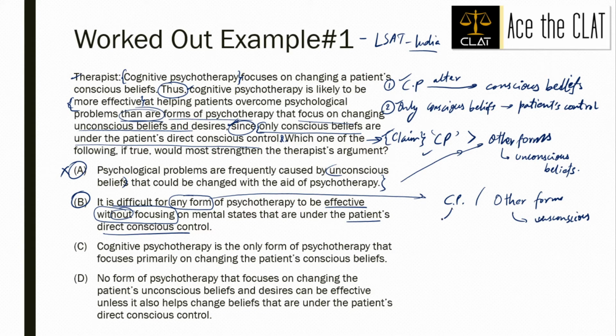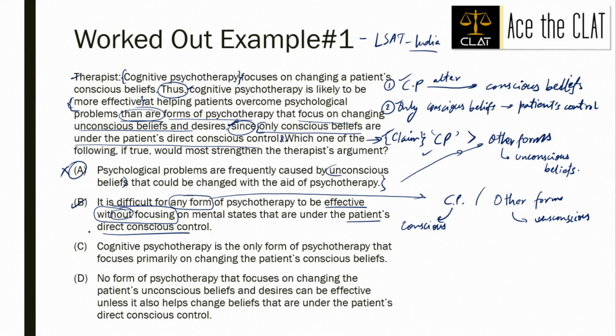And we know that our CP, that is cognitive psychotherapy, does focus on things that are under patient's direct conscious control, right? So that is why option B is definitely the correct answer, because it definitely does strengthen our argument.